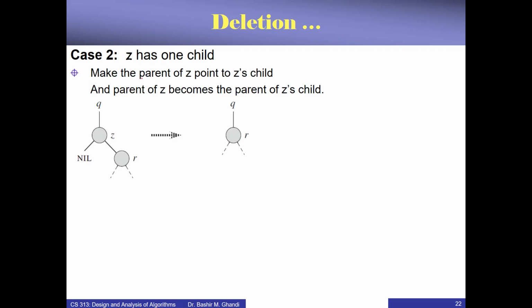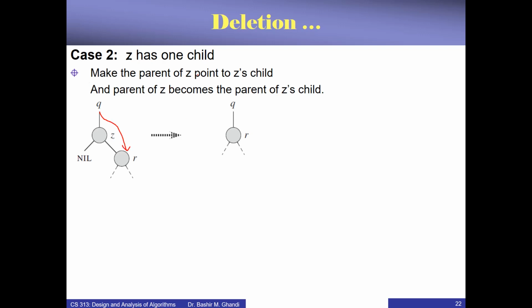So first make Z's parent point to Z's child. So we are doing like this. Make the parent of Z rather, so Q will go here.